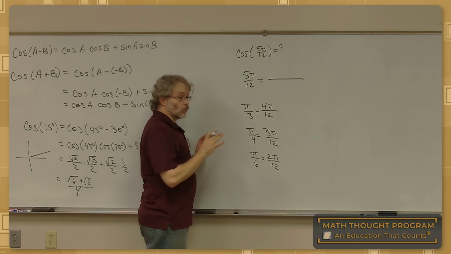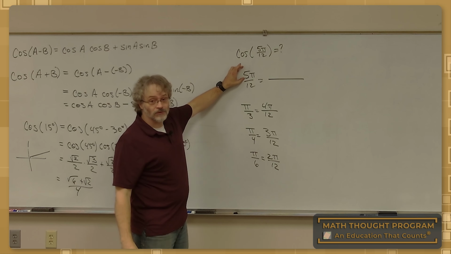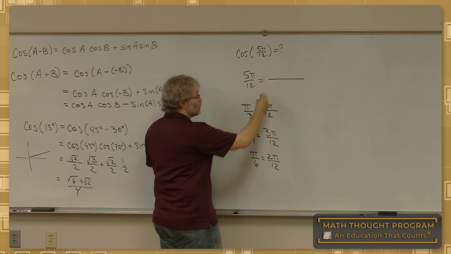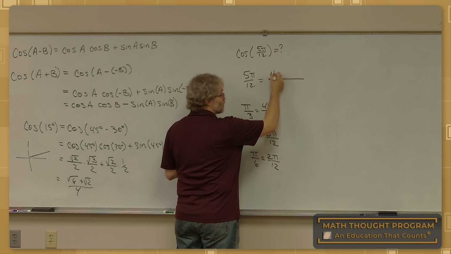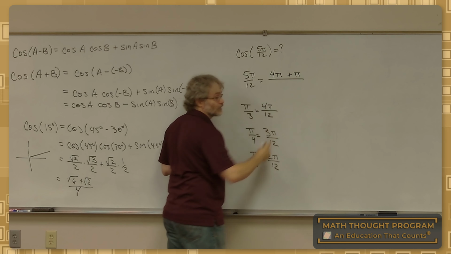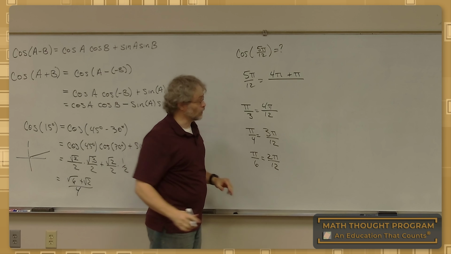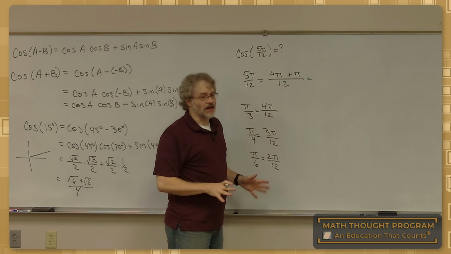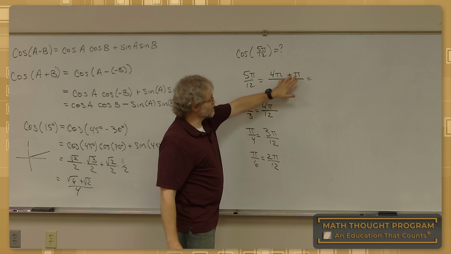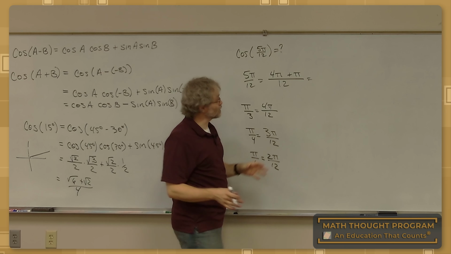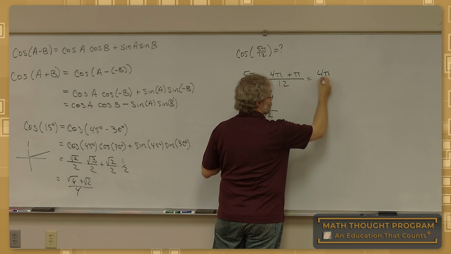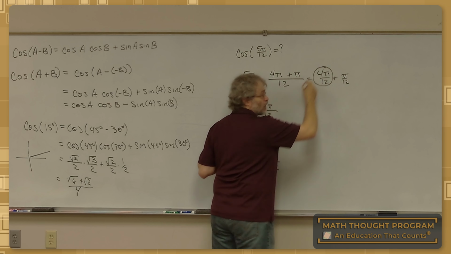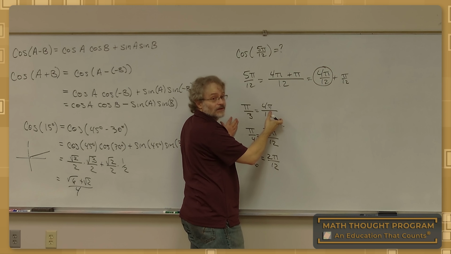Okay, so what you do, in other words, is look at the numerator, start taking this thing and ripping it apart. You could say 5 pi is going to be 4 pi plus 1 pi. That is completely doable. But here's the snag. 4 pi plus pi does equal 5 pi, and when you use properties of fractions, you could say this. 4 pi over 12, we know that's going to be pi over 3.